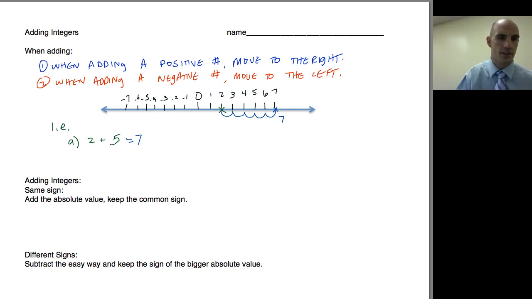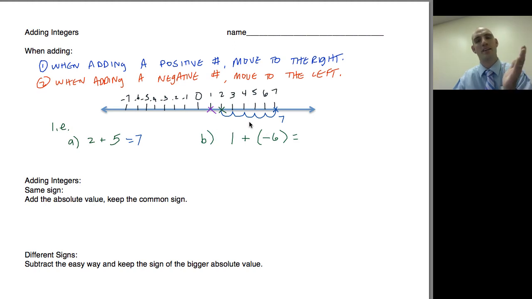Let's look at a different example in B, where I start at 1 and I add a -6. I'm starting at 1 and I'm going to add -6.